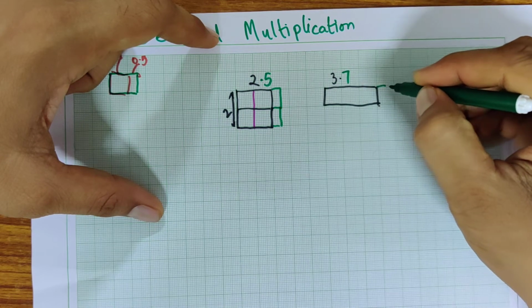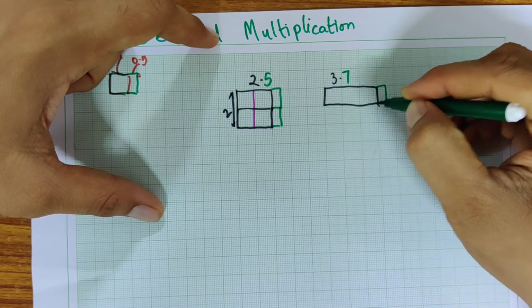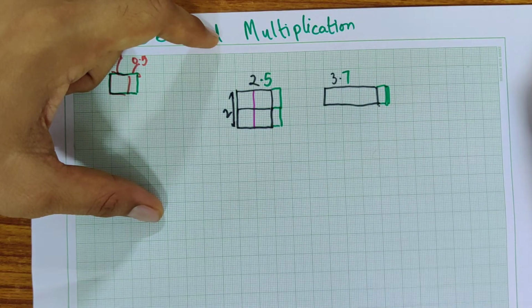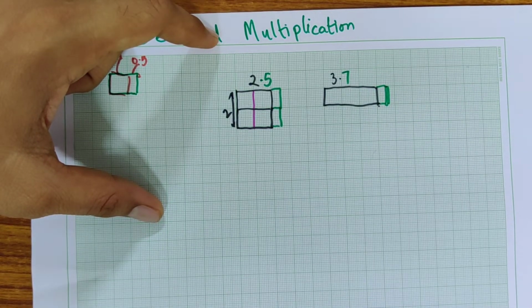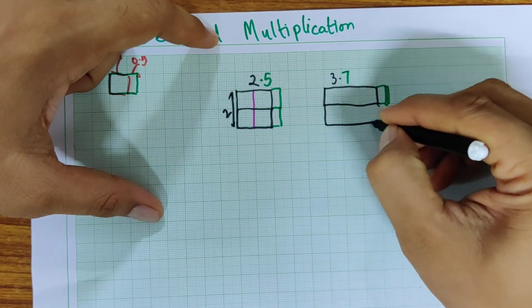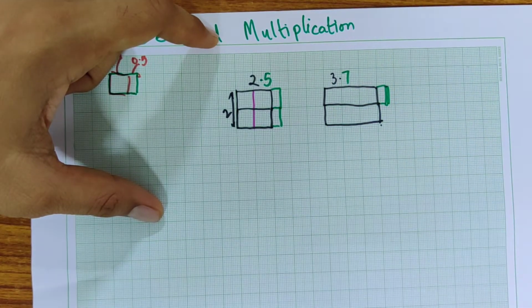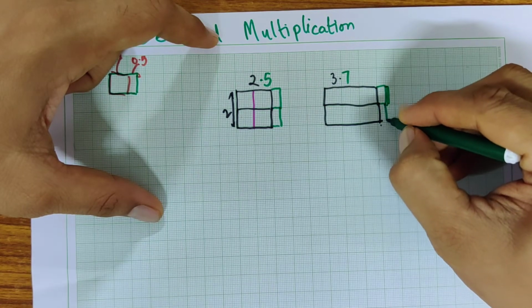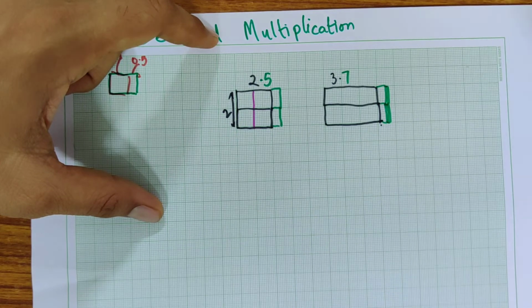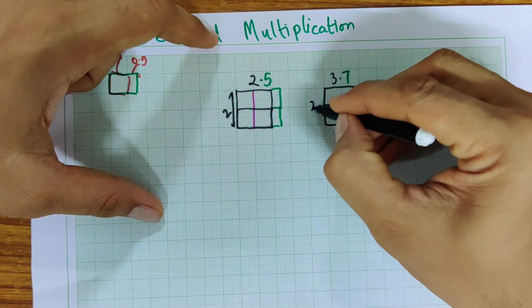So that is your 3.7. Again, if you multiplied it by 2, you would have got 0.5, 0.6, 0.7. So this is 3.7 times 2.